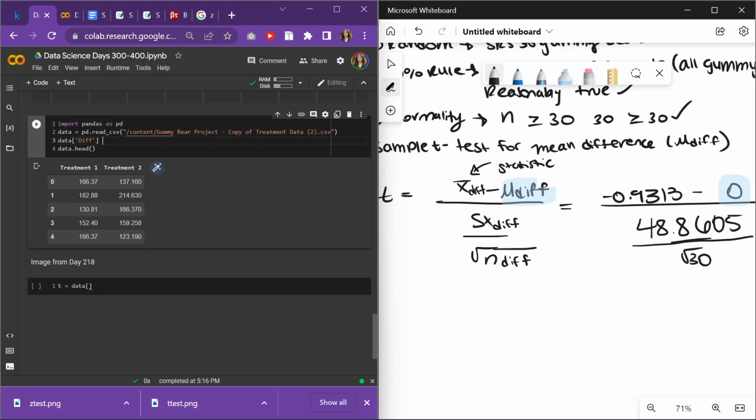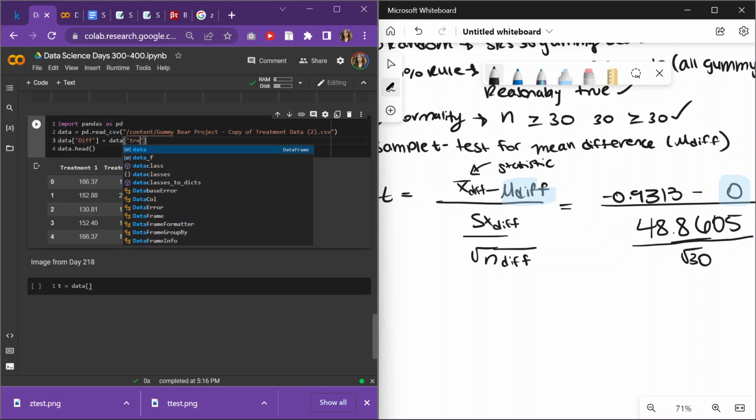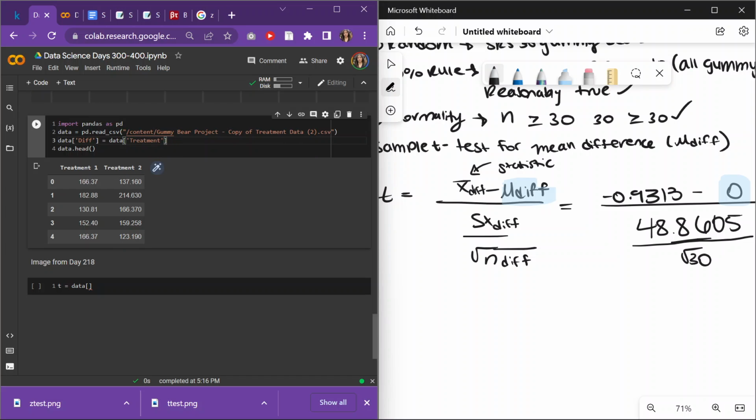Data.diff is equal to data.treatment1 minus data.treatment2. Okay, run that, and there should be another column called diff.